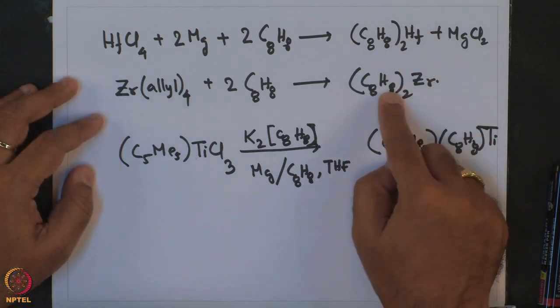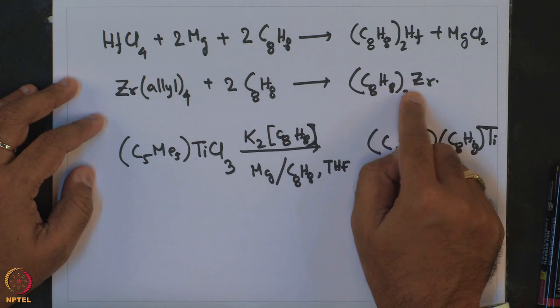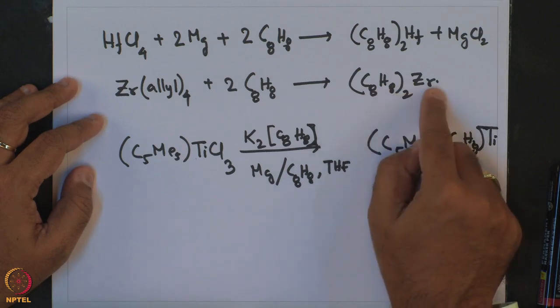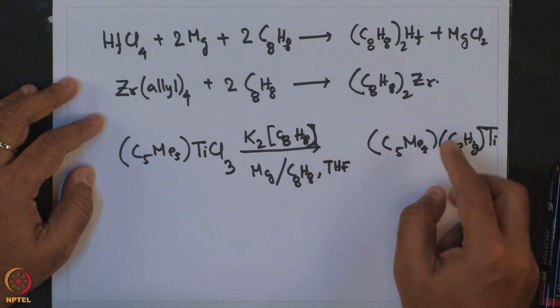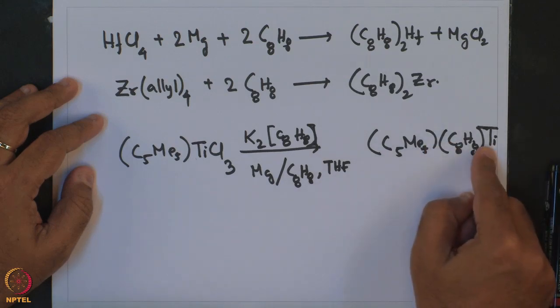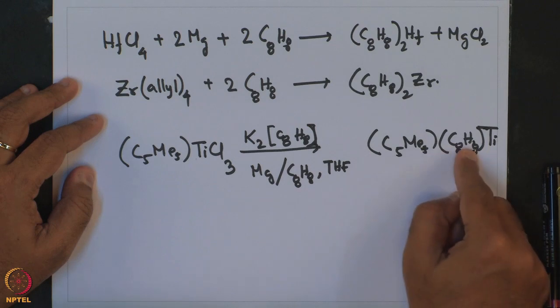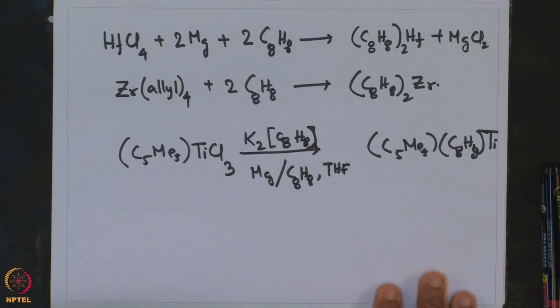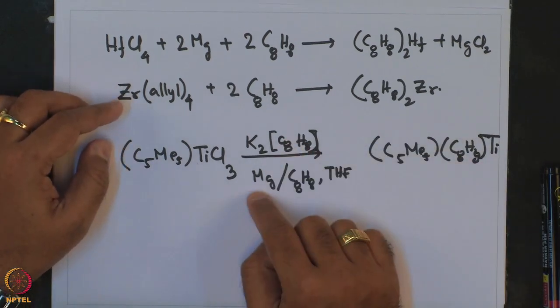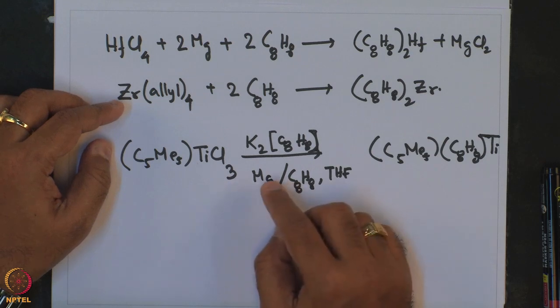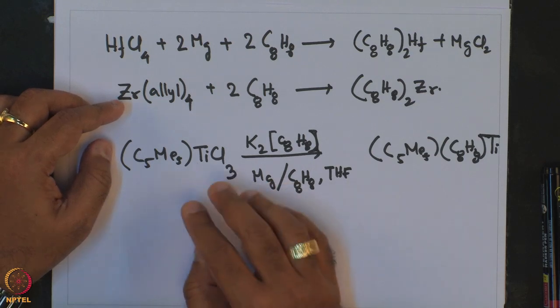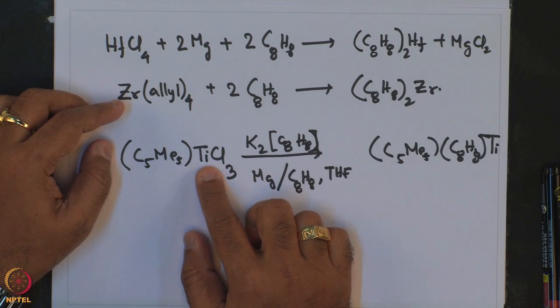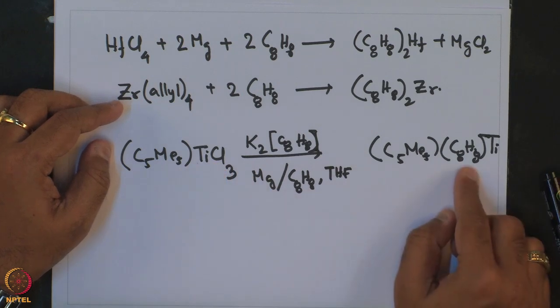In this case also it is 2 dianionic C8H8 making zirconium +4 oxidation state, whereas in this case it is titanium in +3 oxidation state, 2 from 2 dianionic as well as 1 monoanionic C5Me5 minus, but because of this reducing agent magnesium present in the system, titanium has also undergone a reduction from +4 over here to +3 over here.